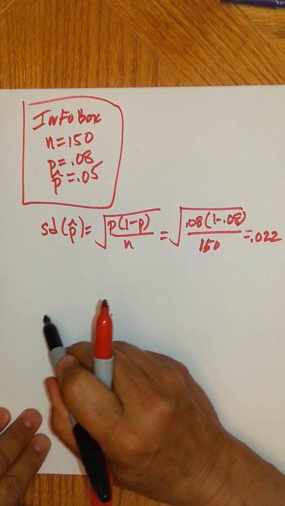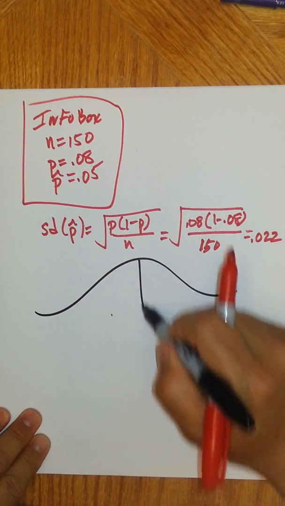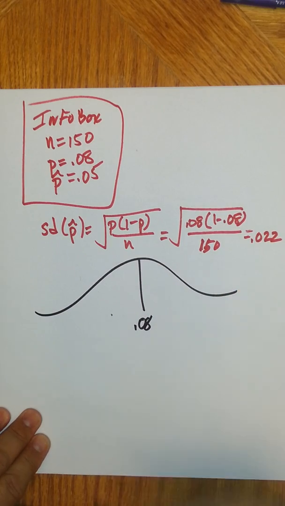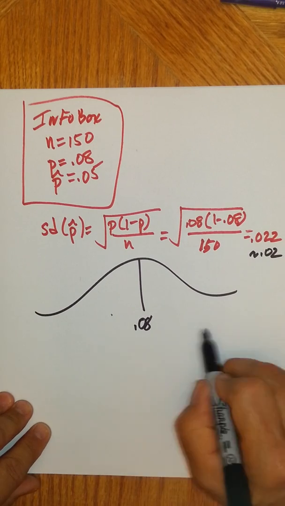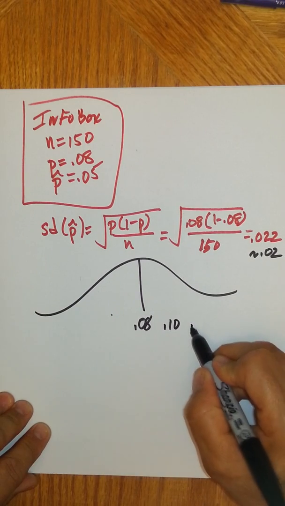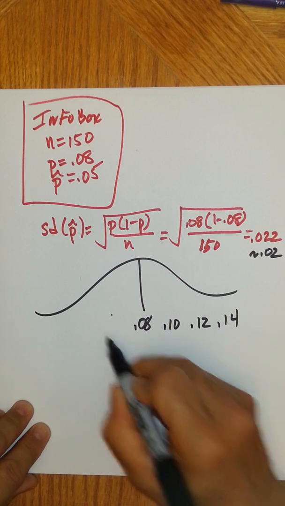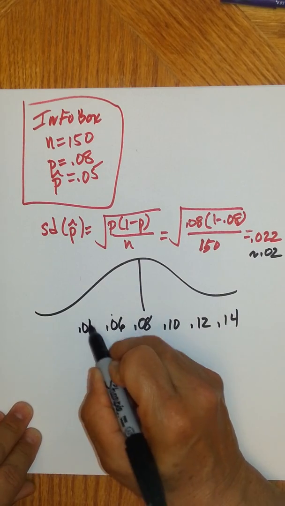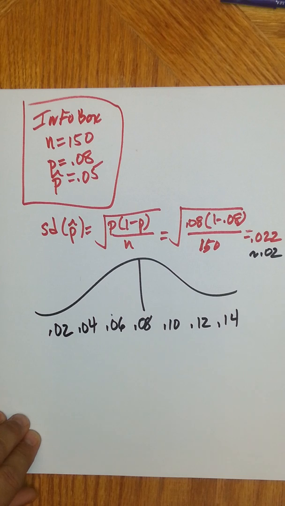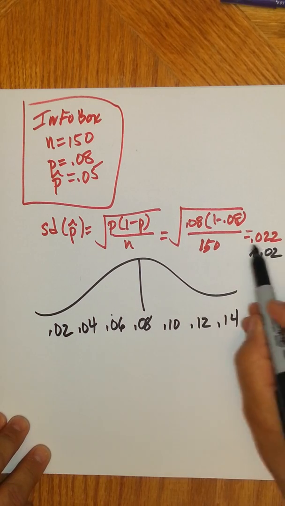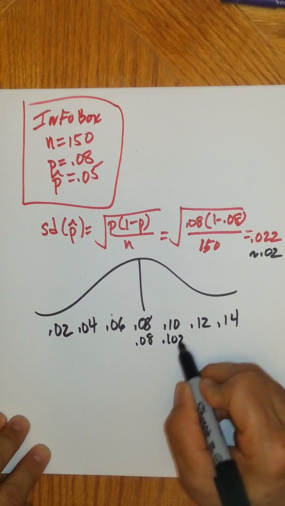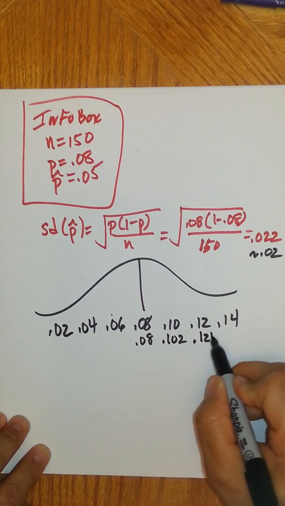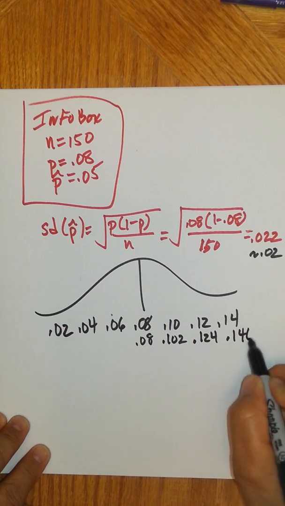But normally what I do is I go ahead and draw the distribution of expected samples. Okay. The truth is 0.08. And normally I round to 0.02 just to make it a little easier on us. So I would have 10, 12, 14, 6, 4, and 2. But if I'm a little bit more accurate and actually use the 0.022, what you'd actually have is 0.08, 0.102, 0.124, 0.146, right?